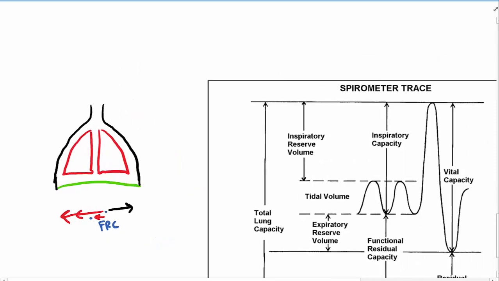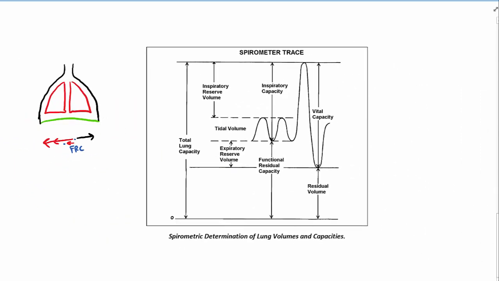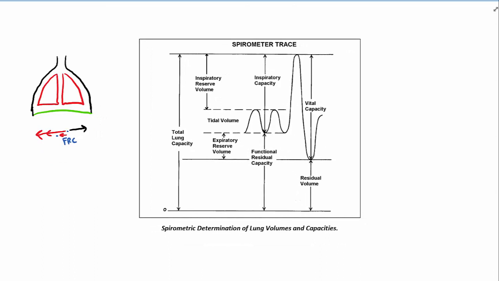What does that do to a spirometry tracing? FRC will move down. This point right here where FRC is, because we have increased lung recoil, FRC will move down. So maybe it will move down to this point. What does that do to residual volume? This point at residual volume will move down as well.